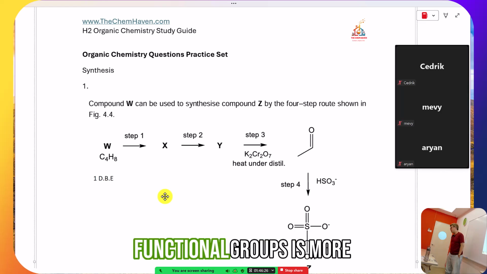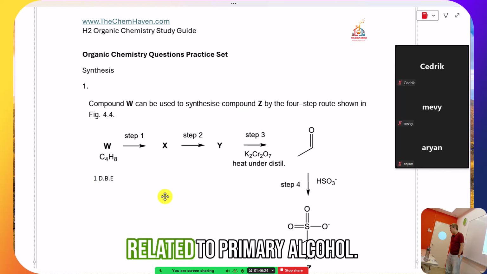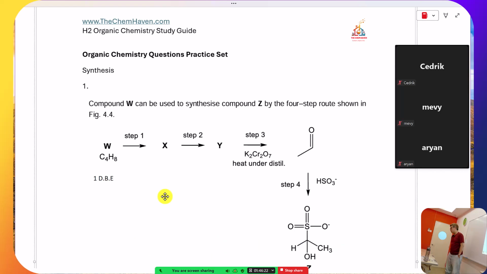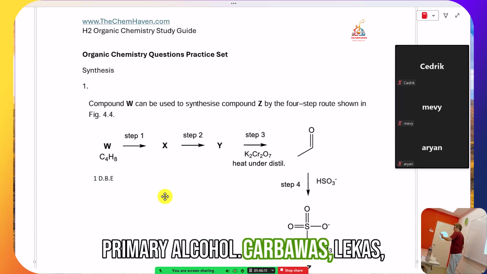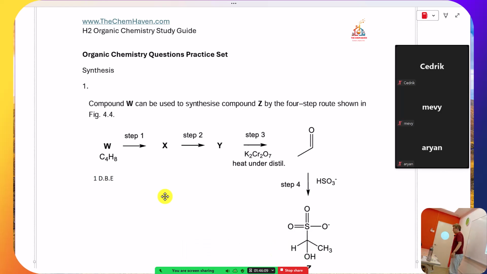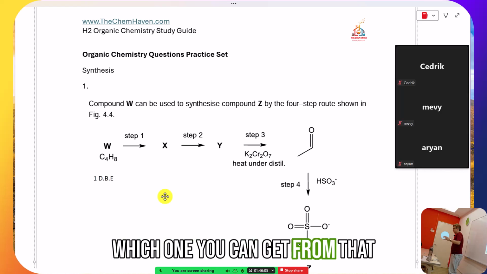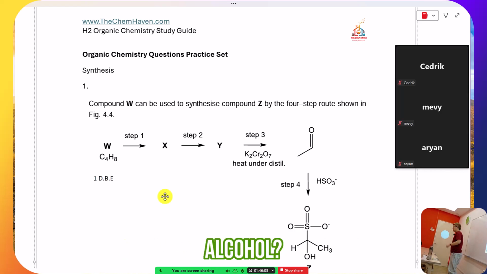Think about which of these functional groups is more related to primary alcohol. Make sense? Follow what I'm saying? So which one is related to primary alcohol? Carboxylic acid, ketone, or CO2?